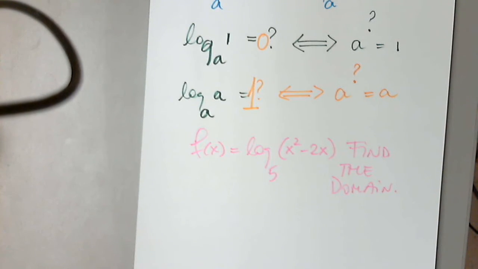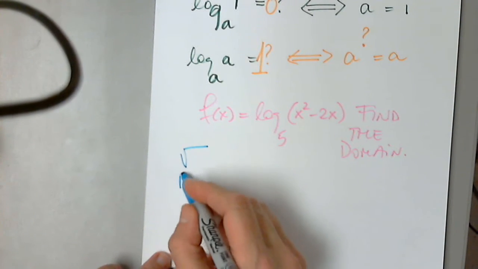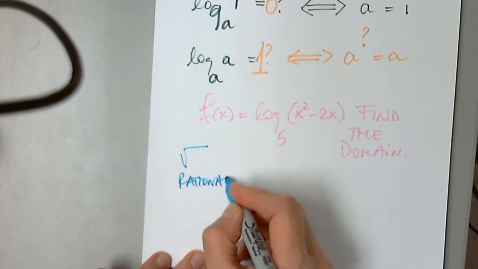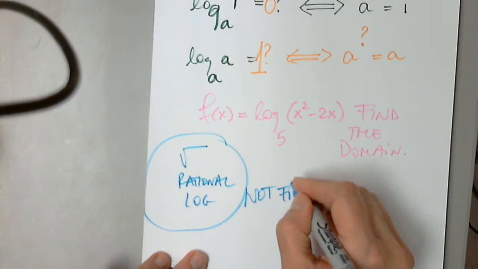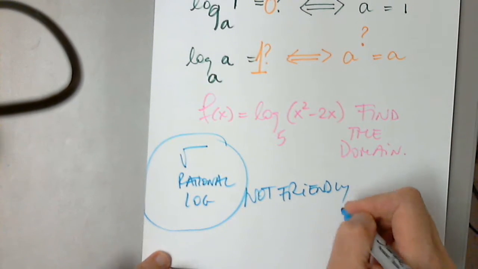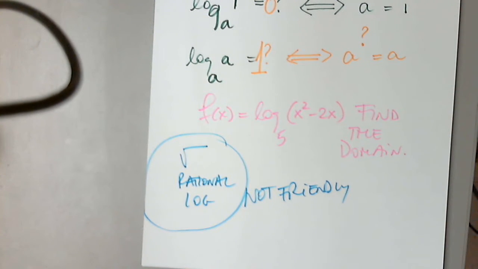Yes. You said that. It will join the square root and rational, and log, not friendly. Nope. Here's why. Before you say anything, allow me to go back.